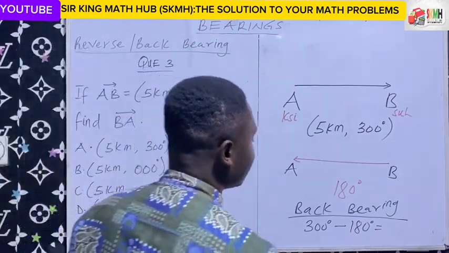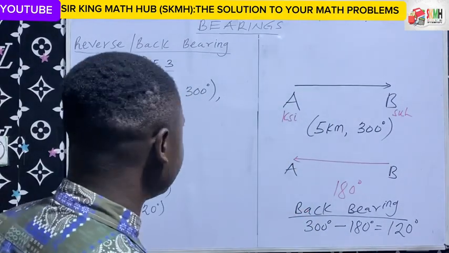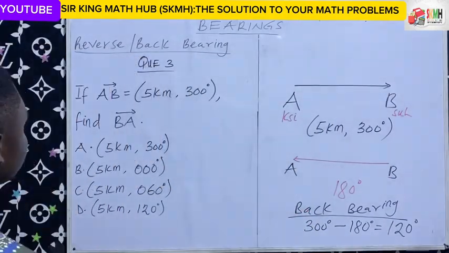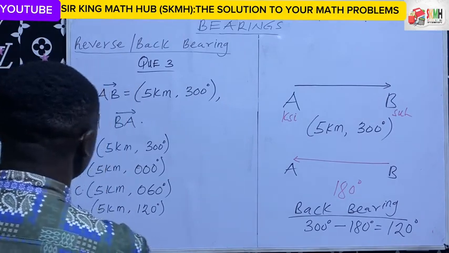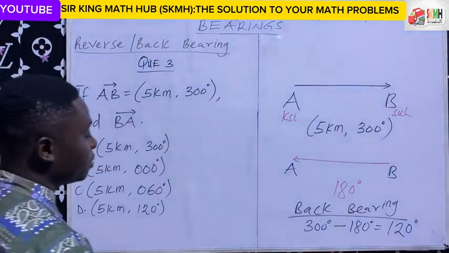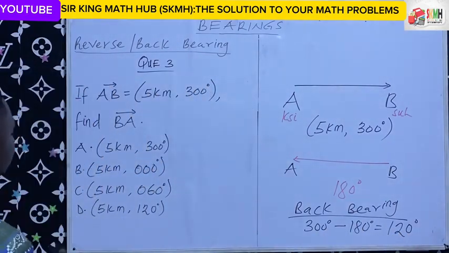That should give us 120 degrees. So in conclusion, which of the alternatives should be the answer? The distance will remain the same, 5 kilometers, but the bearing will have to change to 120 degrees.